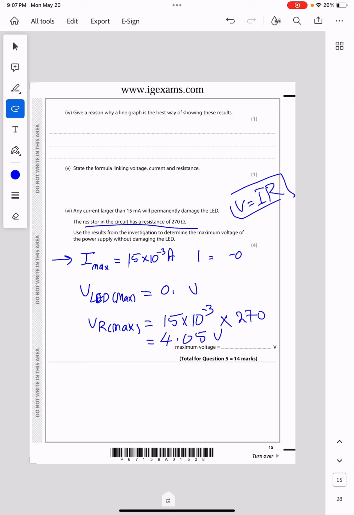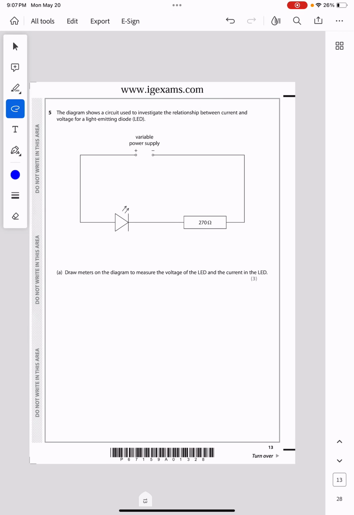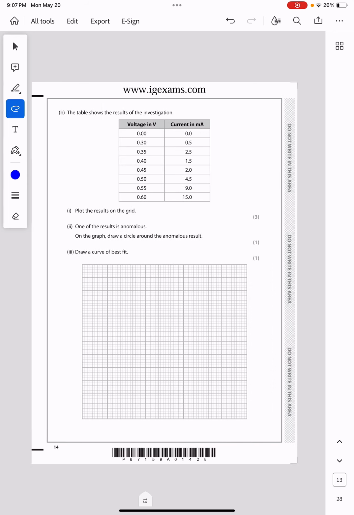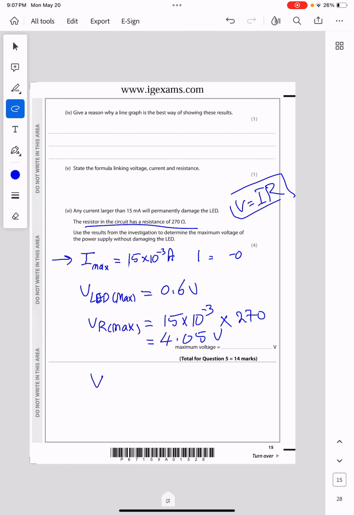And we also have the maximum over the LED, which is 0.6 here. So going back to this point, it is 4.05 plus 0.6. Let's write it in the right way. V total, which is from the supply, is equal to VR on the resistor plus V LED on the diode. And here we're working with max. For all of them, we want them at their max value.